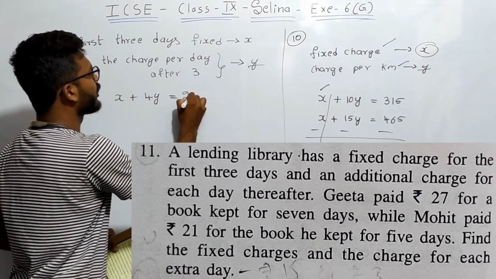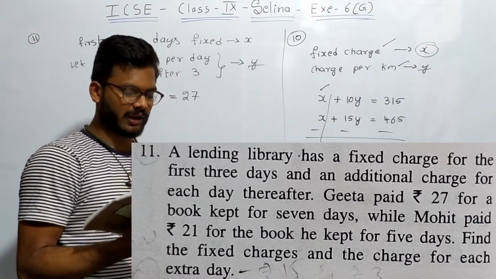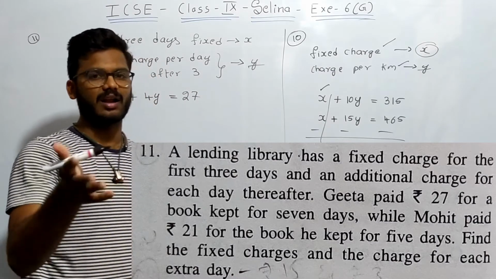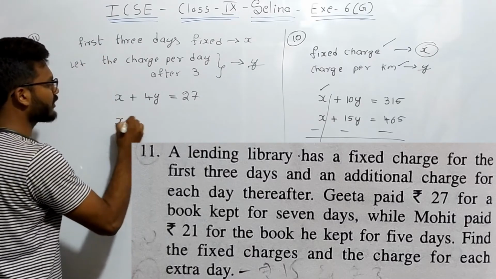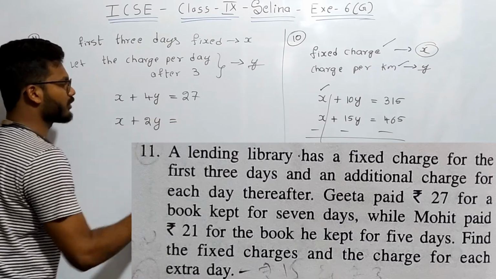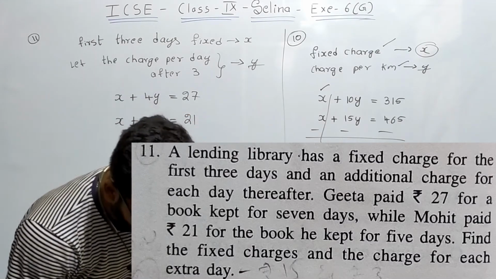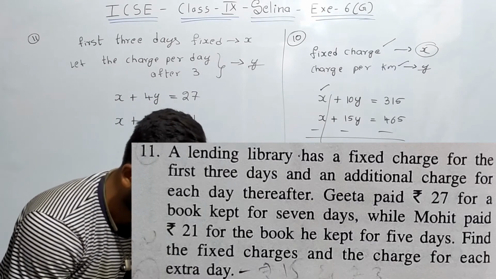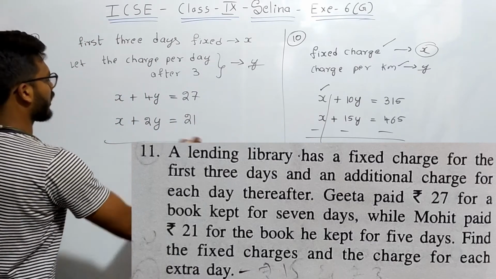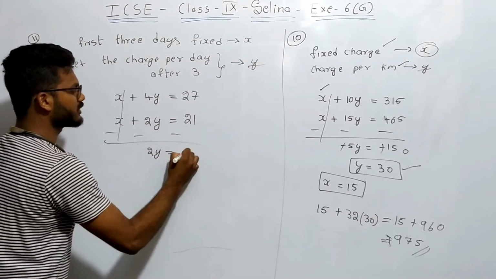Pay amount is 27. In the same way, Mohit paid 21 for the book he kept for 5 days. Already I told, 5 days means first 3 days is X rupees, next 2 days each day is Y rupees, so multiply with 2. It is equal to 21. Find the fixed charges and charge for each day. After subtracting, 2y is equal to 6.